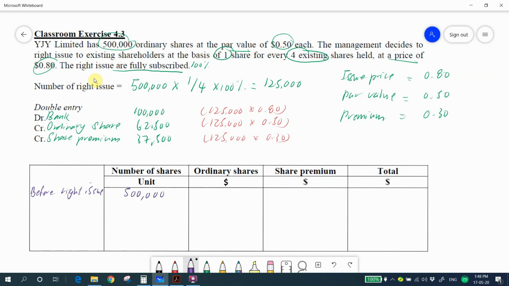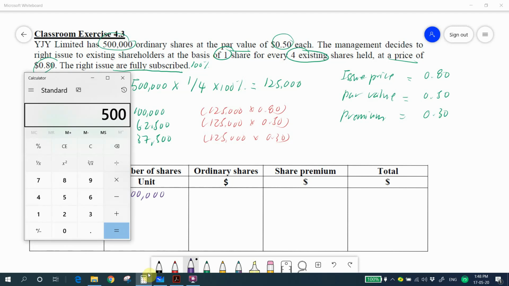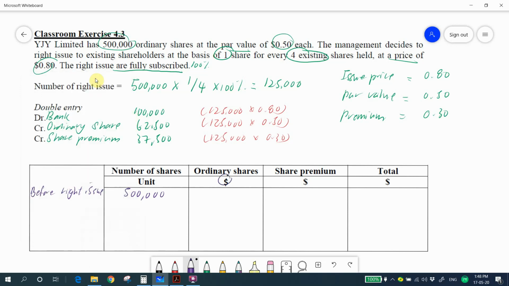The ordinary share value is 500,000 times the par value of 50 cents each. Can you see? This one is dollar, this one is units. In dollars it is 250,000. The value of share premium is silent in the exercise, so we put a dash. The total value is 250,000.